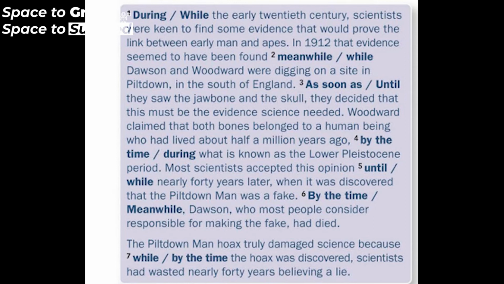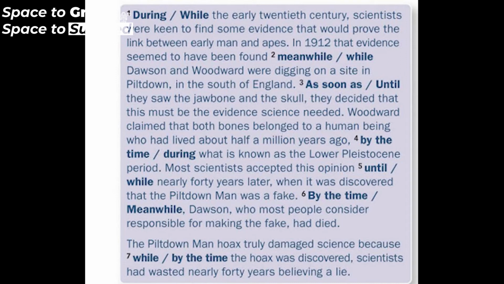During the early 20th century, scientists were keen to find some evidence that would prove the link between early man and apes. In 1912, that evidence seemed to have been found while Dawson and Woodward were digging on a site in Piltdown in the south of England. As soon as they saw the jawbone and the skull, they decided that this must be the evidence science needed. Woodward claimed that both bones belonged to a human being who had lived about 500,000 years ago, during what is known as the Lower Pleistocene period.